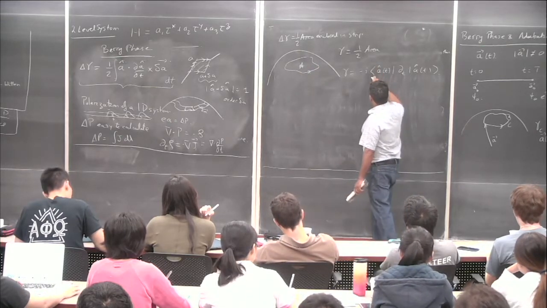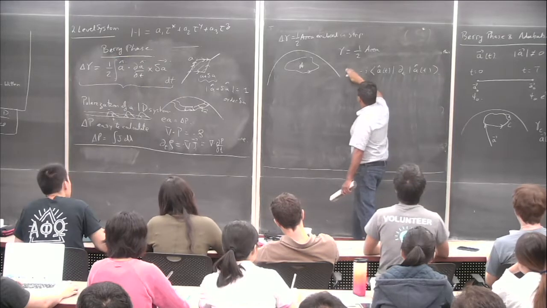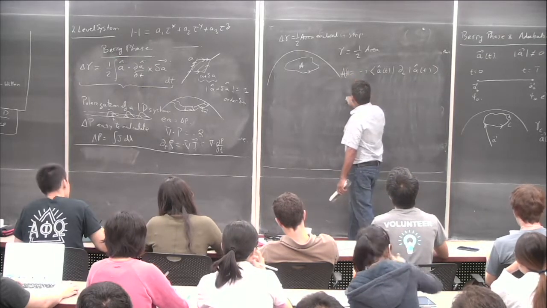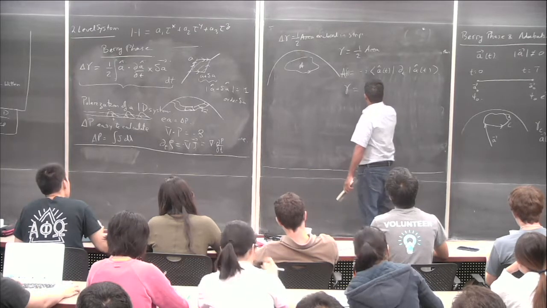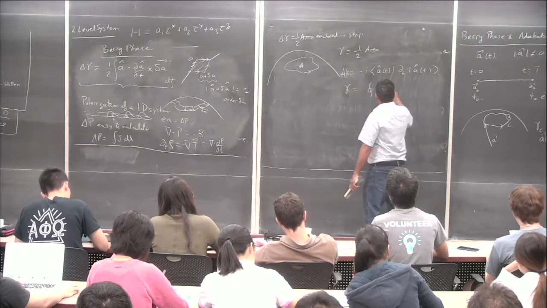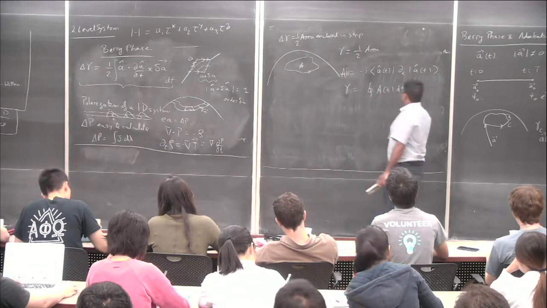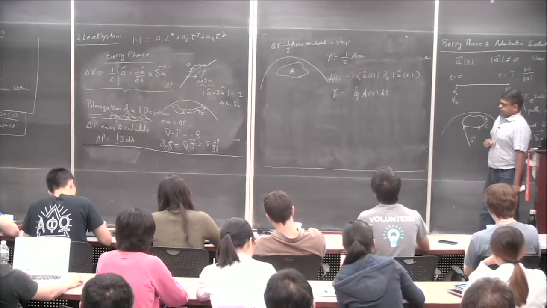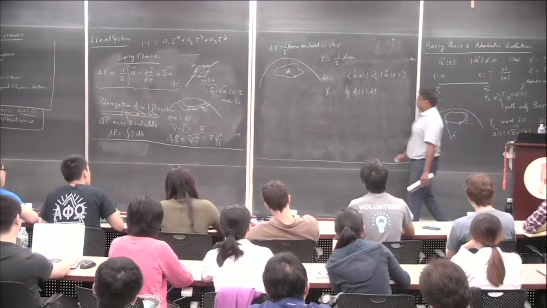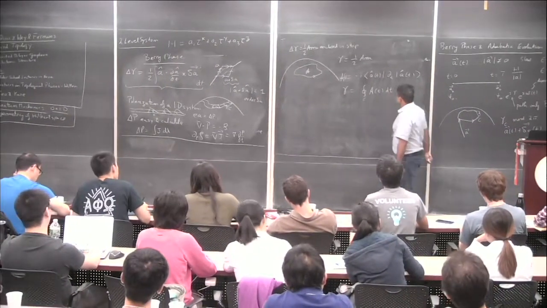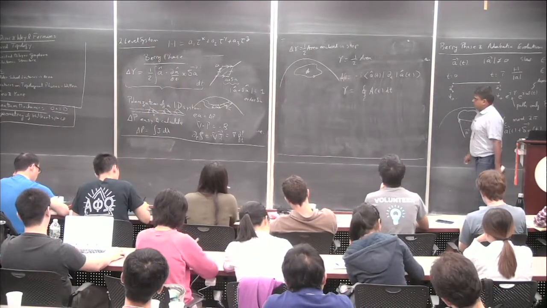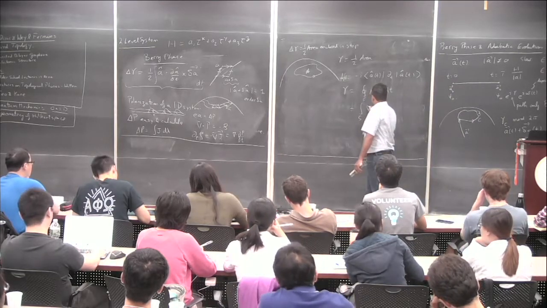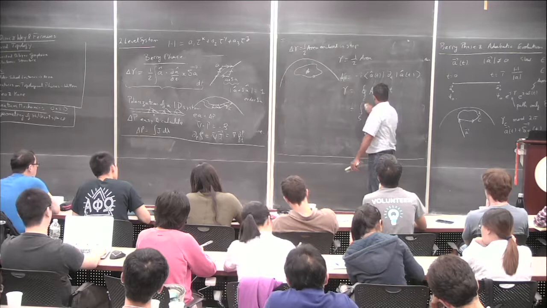Then you integrate this, and we call this A. This gamma is just the integral of A around this path. Of course, by Stokes' theorem, you can write this as the integral over the surface of the curl of A.